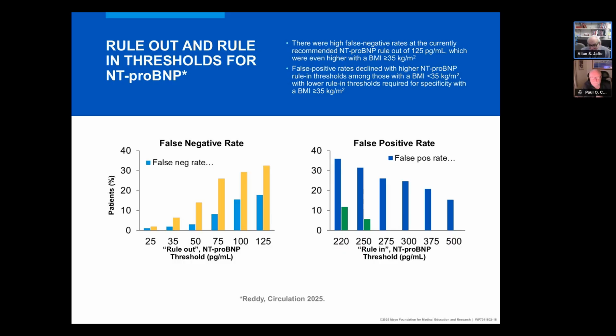And the same thing, the rule in thresholds have a tremendous degree of variability, even if one has a group of symptomatic patients such as these. Nonetheless, the rule out value of 50 is probably the most reasonable.